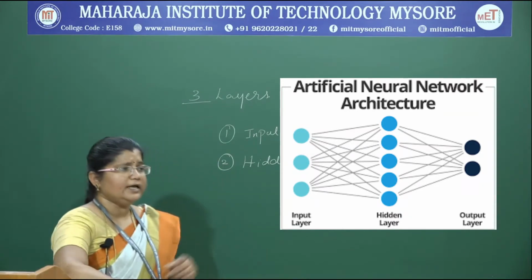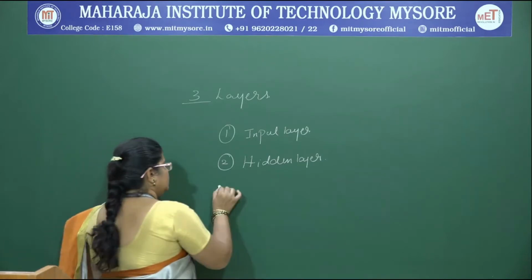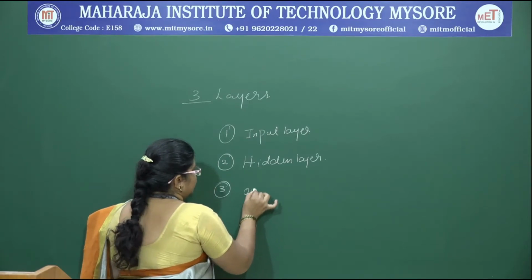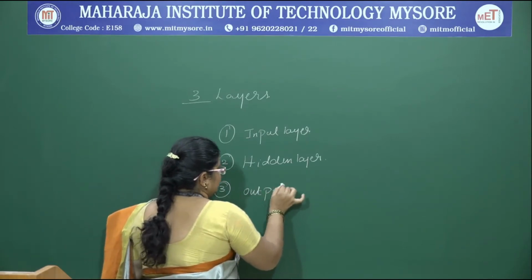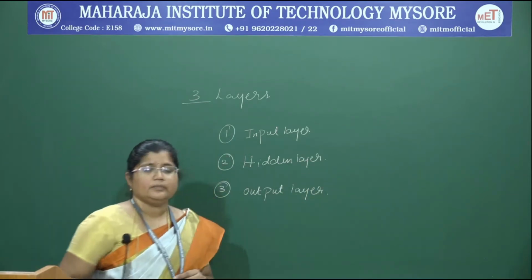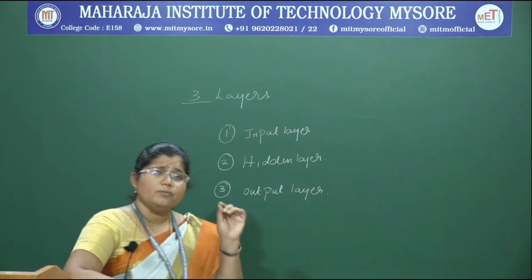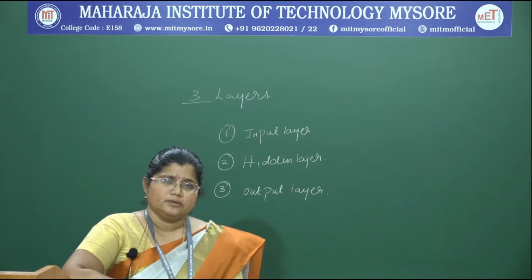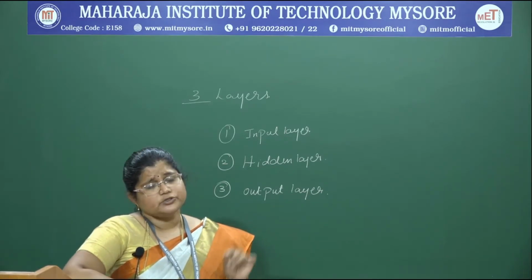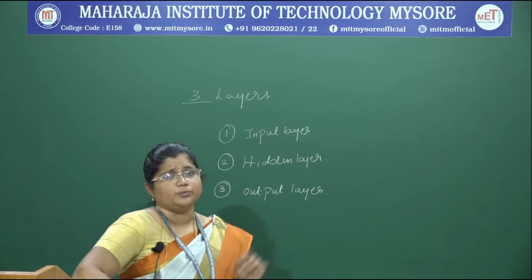Next, the third layer of an artificial neural network is the output layer. This layer is also composed of neurons, and it is responsible for producing and presenting the final network output.